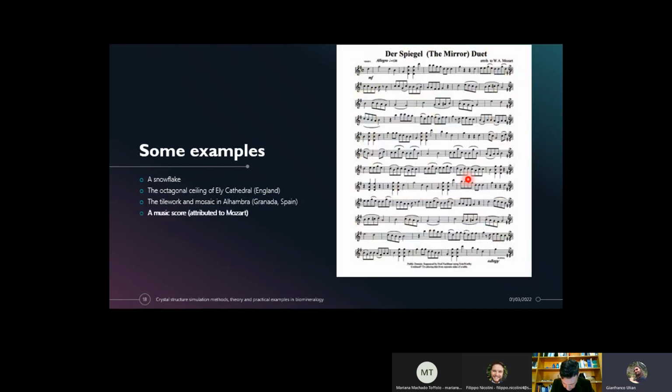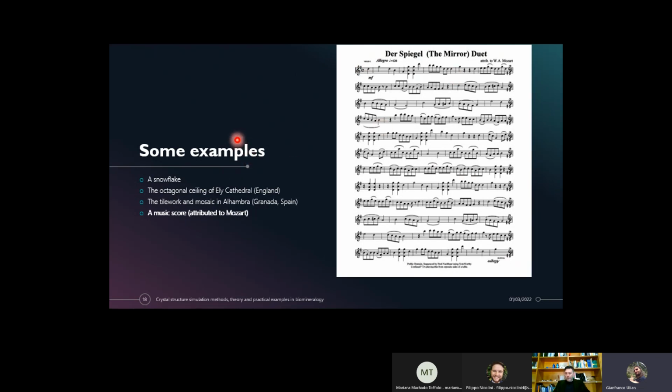A music score. This music score is symmetric. If you take this score and rotate it by 180 degrees, you can see the music key here goes there. So this object is symmetric.